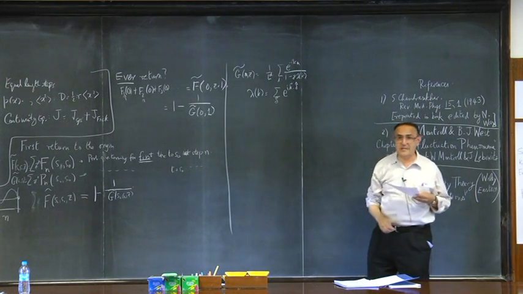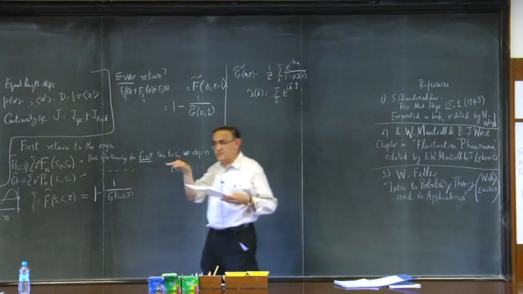For instance, on a simple cubic lattice, delta are the unit vectors which point to the neighbors.